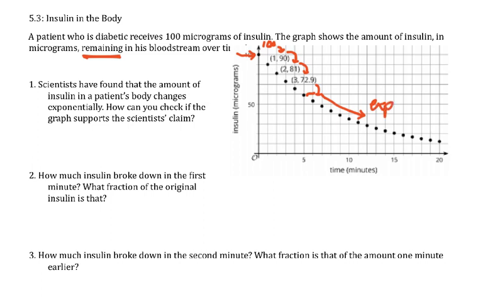How do I know that? It says, how can I check the graph to support that the scientists have said that in the patient's body this is decreasing exponentially? Well, we talked about it in class that some students said, I noticed that the graph is curved. So that's one way. Absolutely.